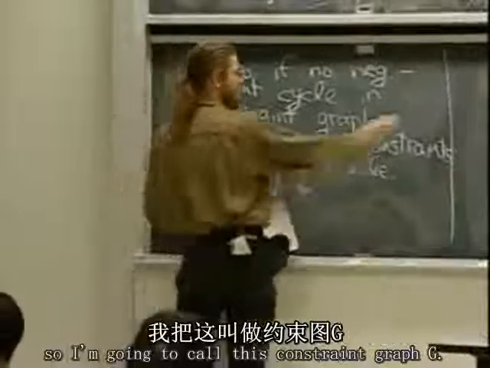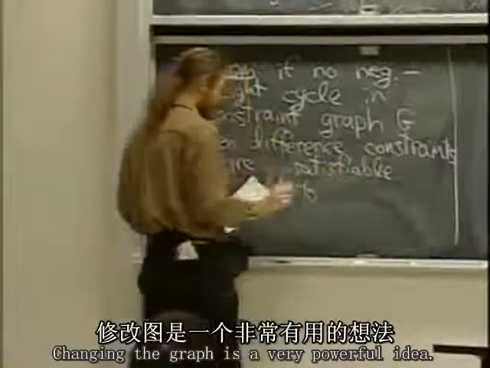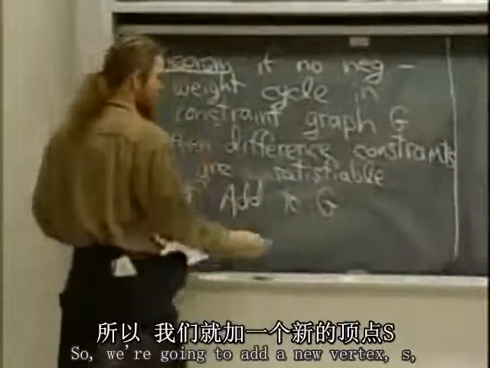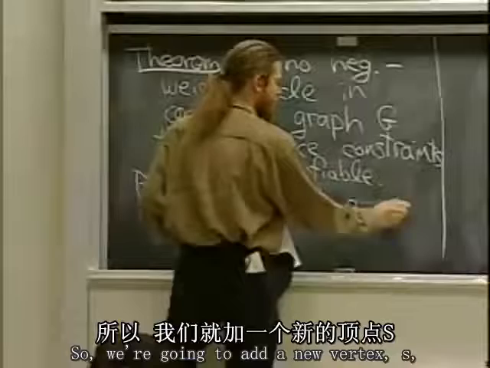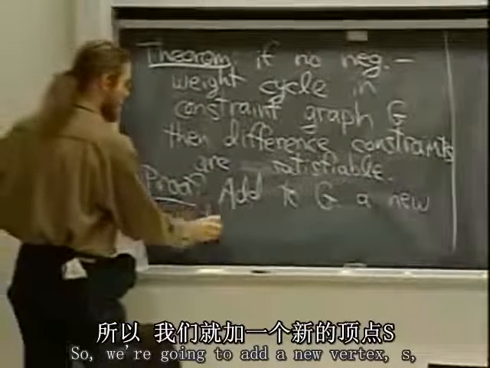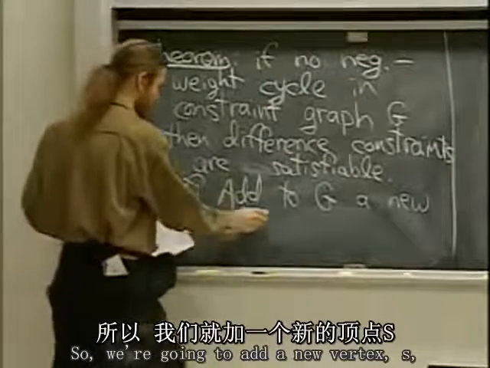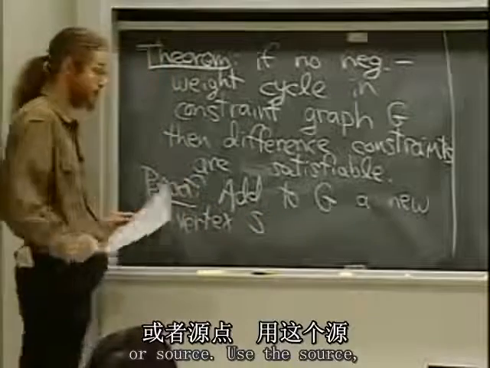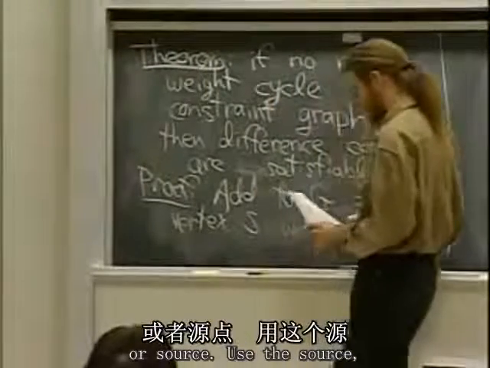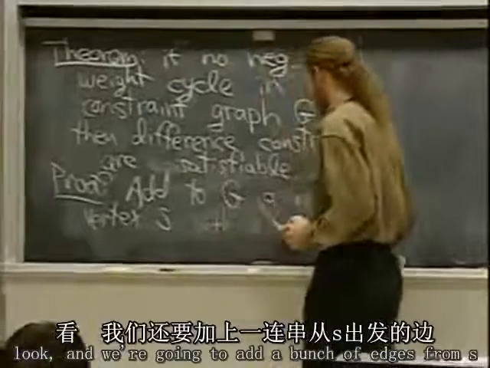I'm going to call this constraint graph G. So we're going to add a new vertex S for source. Use the source, Luke. Okay.